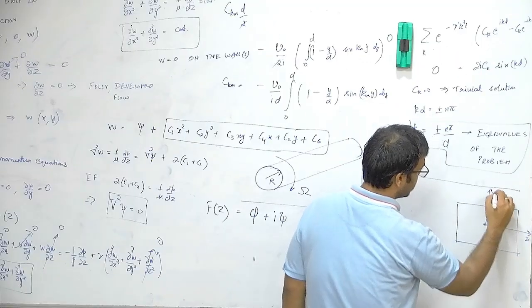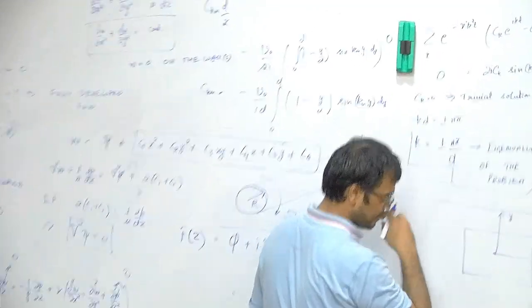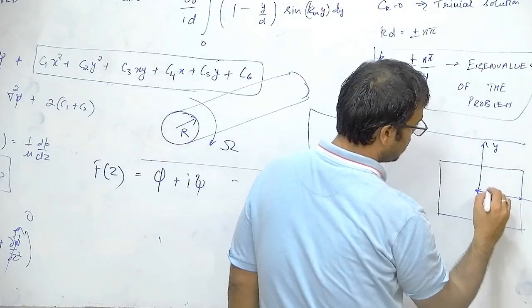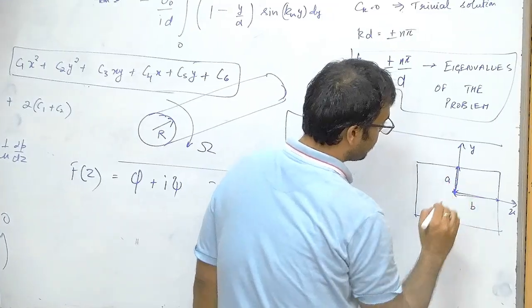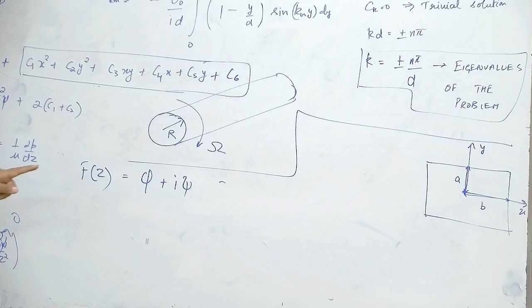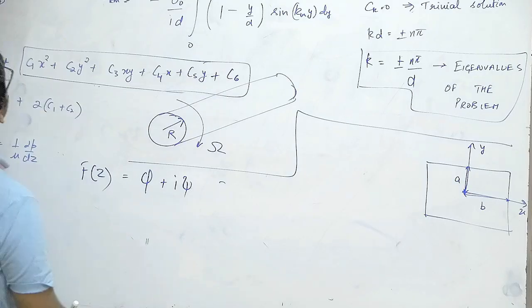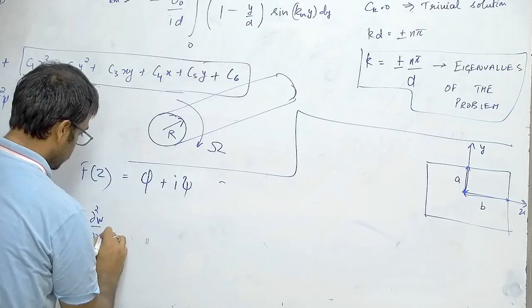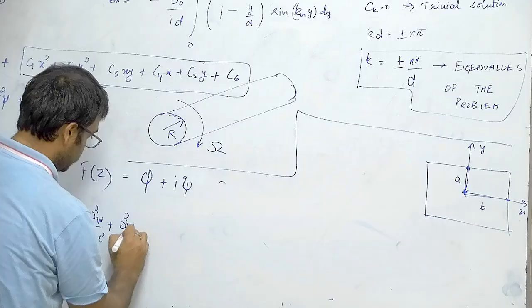So this is your rectangular cross section, and this length is, let's say, b, this length is a. If you want to solve the flow through a pipe which has this kind of a cross section, then we have to solve this.